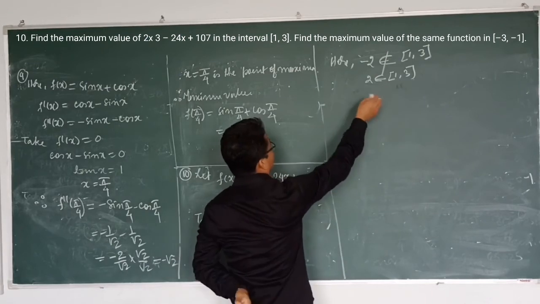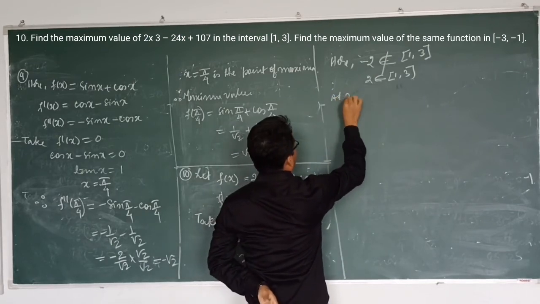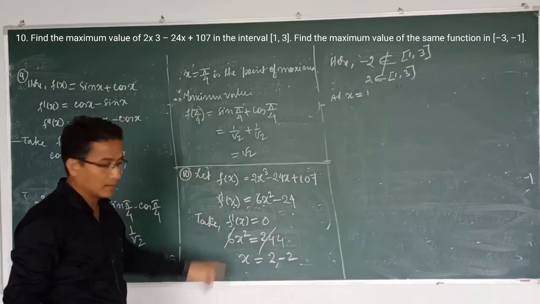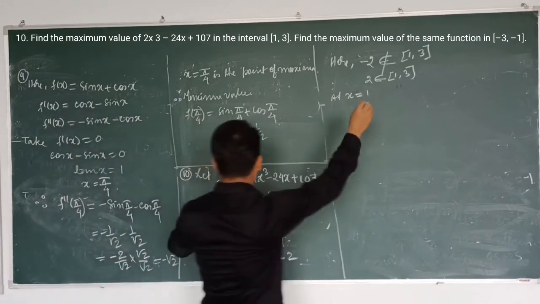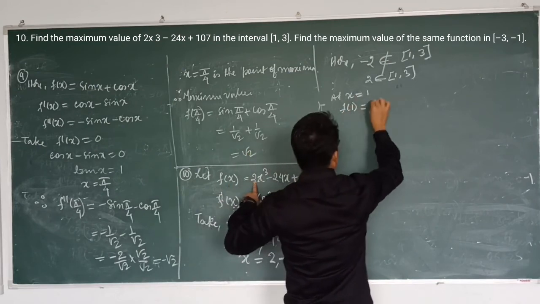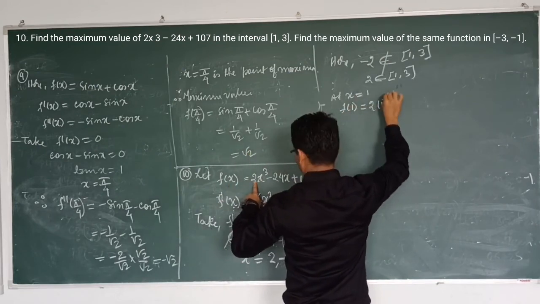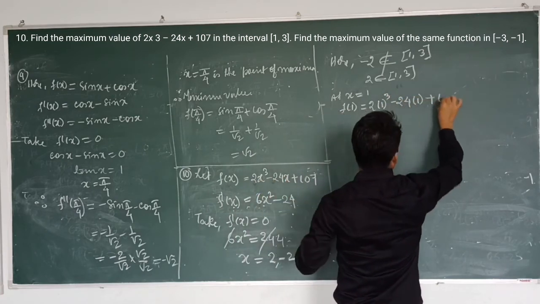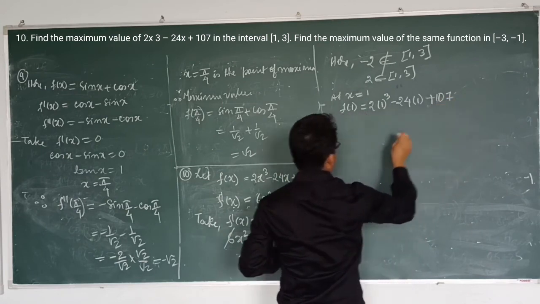So at x equal to 1 we find the value of f of 1. F of 1 means 2 into 1 cube minus 24 into 1 plus 107.